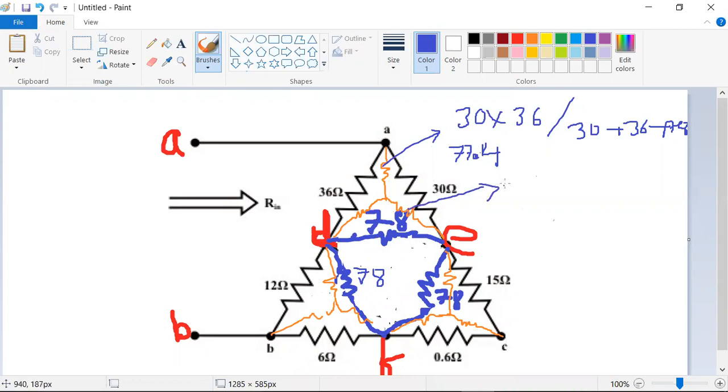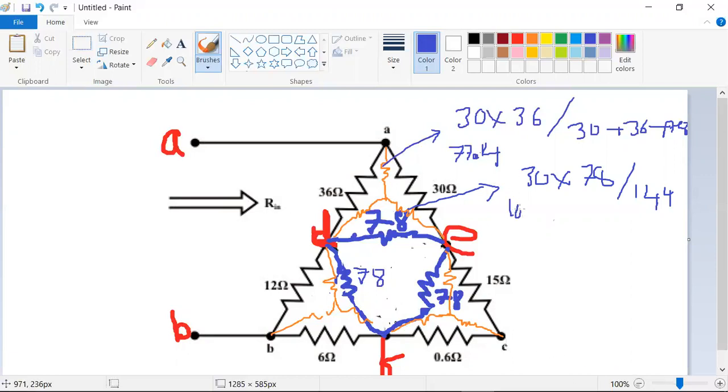This is 30 into 78 by 144. Then the answer will be 16.25.